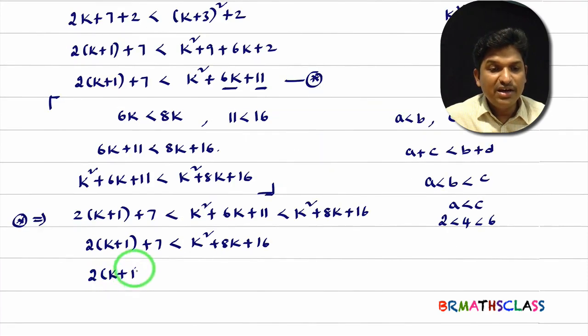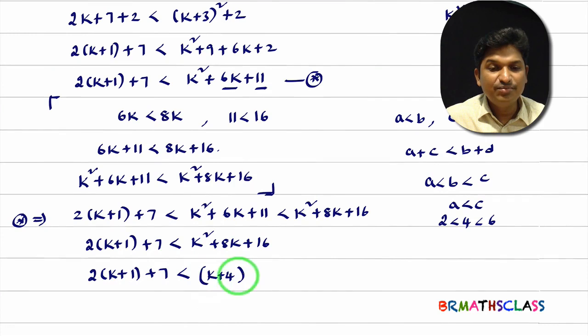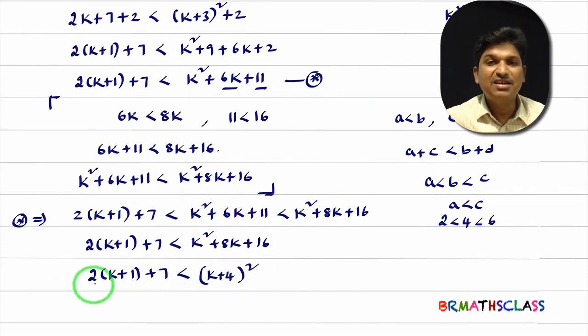So if I write one more step, you can observe this. What is this? This is k plus 4 whole square, correct? What is this? This is P of k plus 1. So we proved that P of k plus 1 is true.